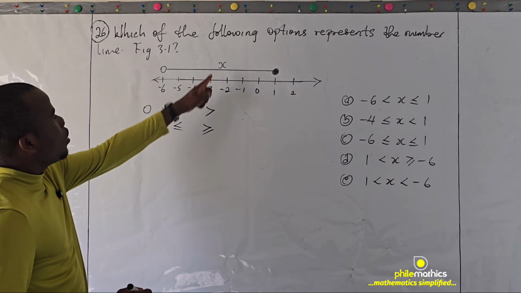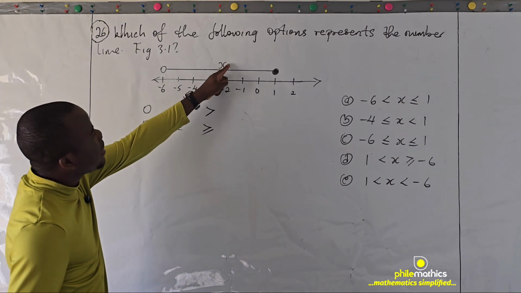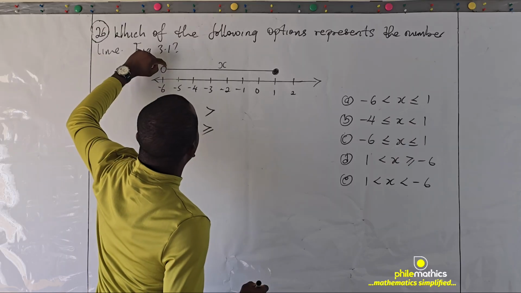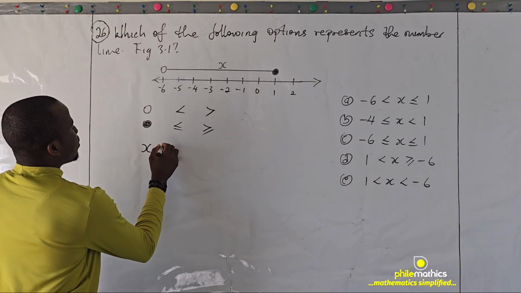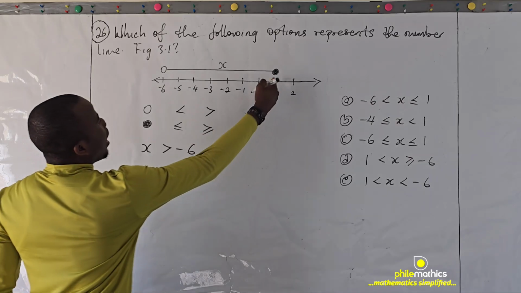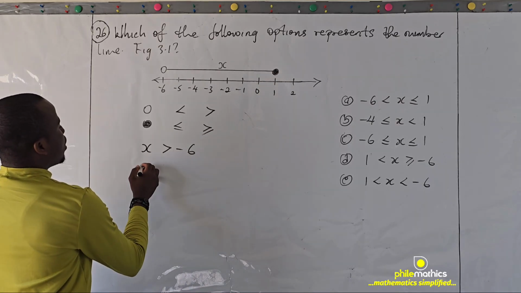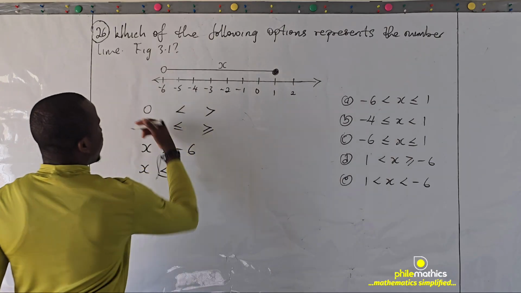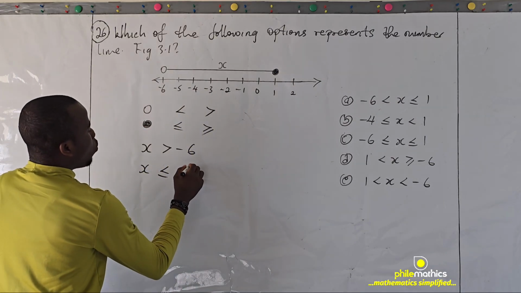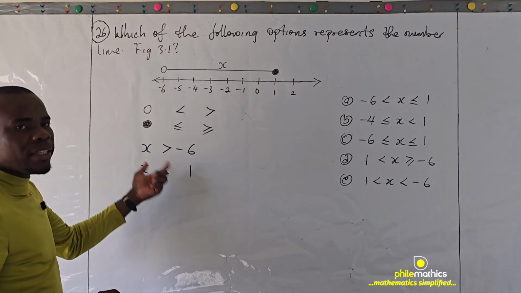Now, this means X is greater than -6. And this simply means X is less than, because it's coming this way, or equal to 1.